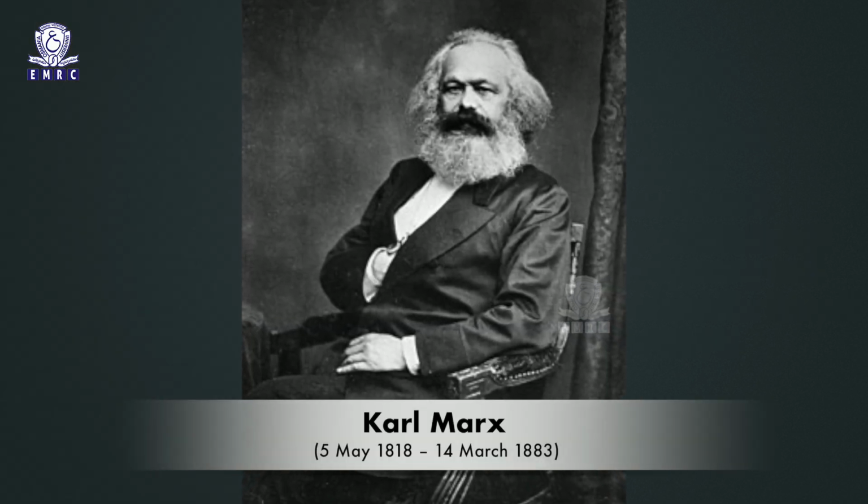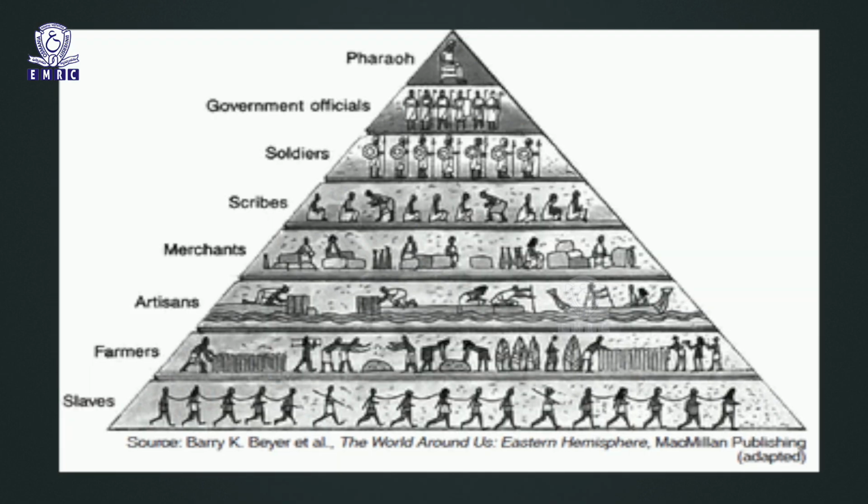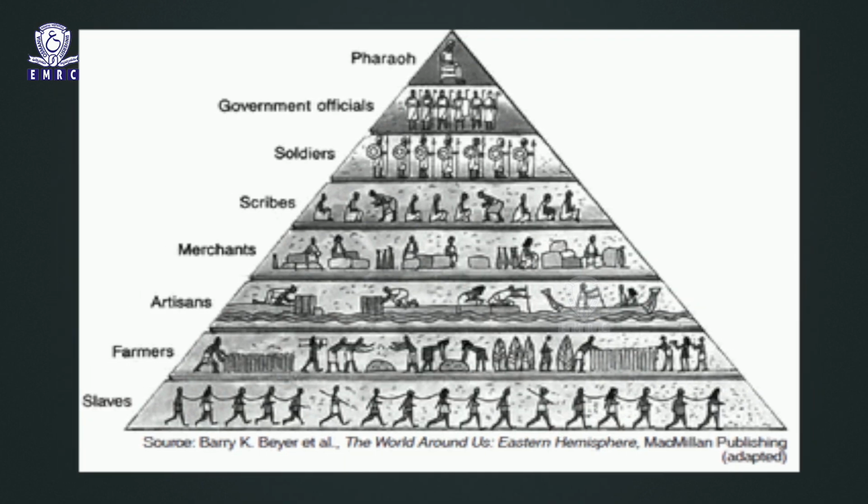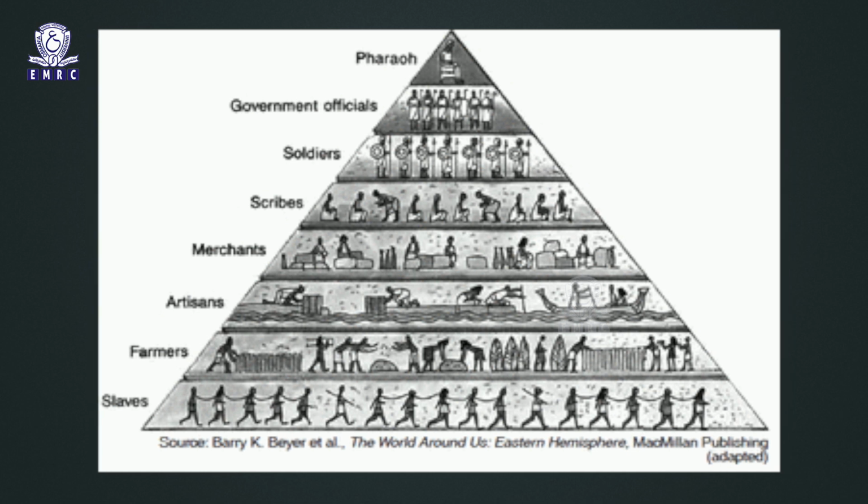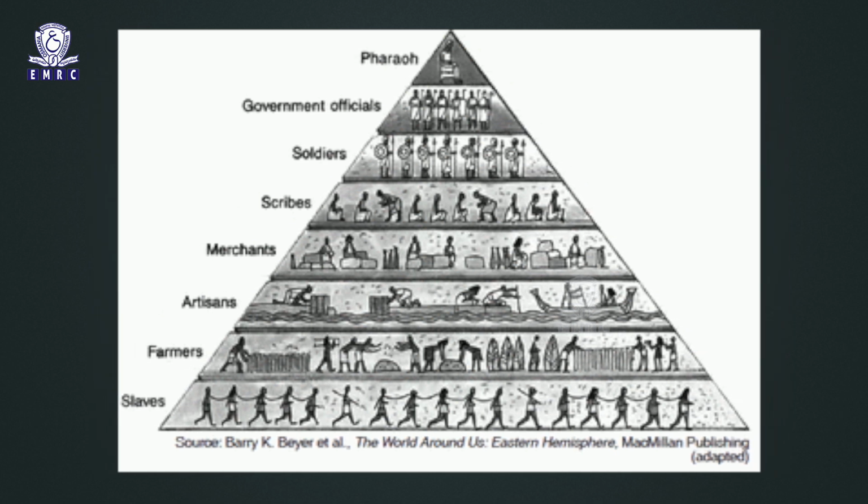According to Karl Marx, there is hardly any society without social classes, and property ownership is a crucial variable which distinguishes the upper classes from the lower ones. By virtue of its ownership of property, the means of production, the upper class dominates the propertyless class, the workers.